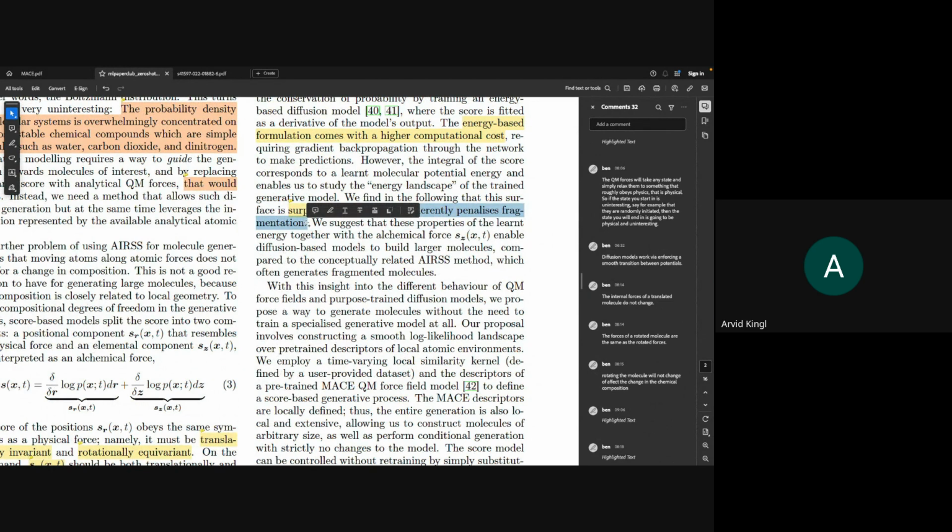The chemical force is also diffused over, right? So how does it work on something that is supposedly integer? Does it do some dequantization first, and then?